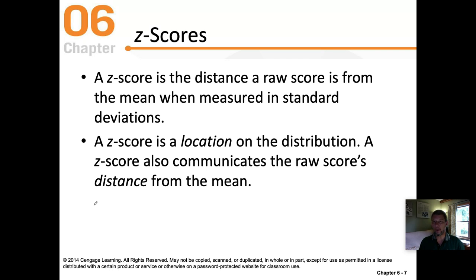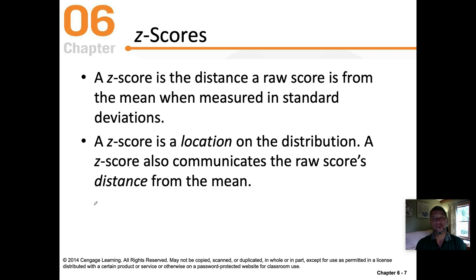Essentially, a z-score is just a location on the standard distribution, on the normal curve. And so is a raw score 1 standard deviation or 1.5 standard deviations or 2.5 standard deviations above the mean or below the mean for that matter? The z-score itself also communicates the raw score's direction from the mean, and that's where the plus and minus bit comes in.